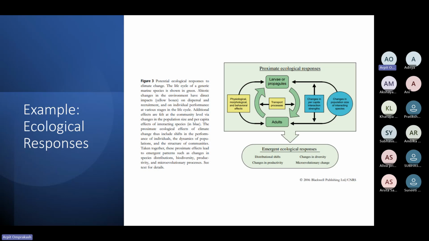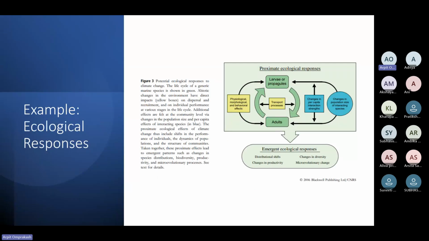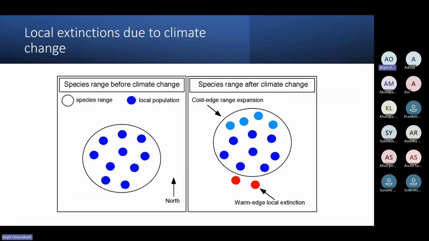We see a lot of changes in productivity. We see changes in diversity and all other stuff. So all these things are seen in many marine animals, and that is said to be an ecological response to climate change.